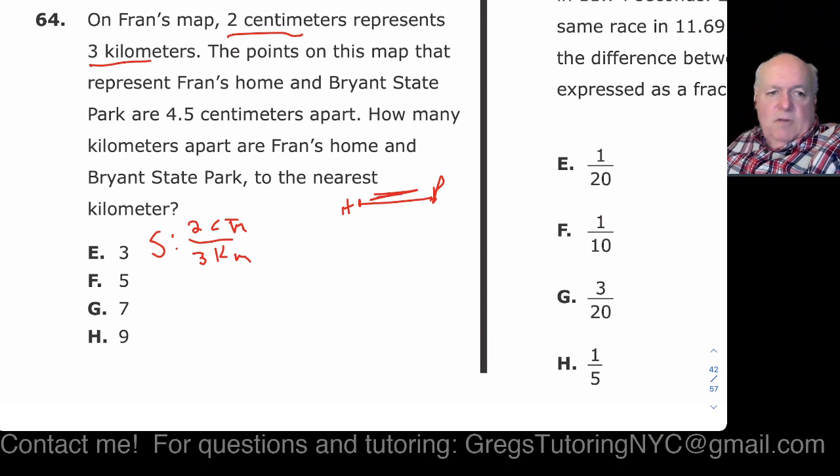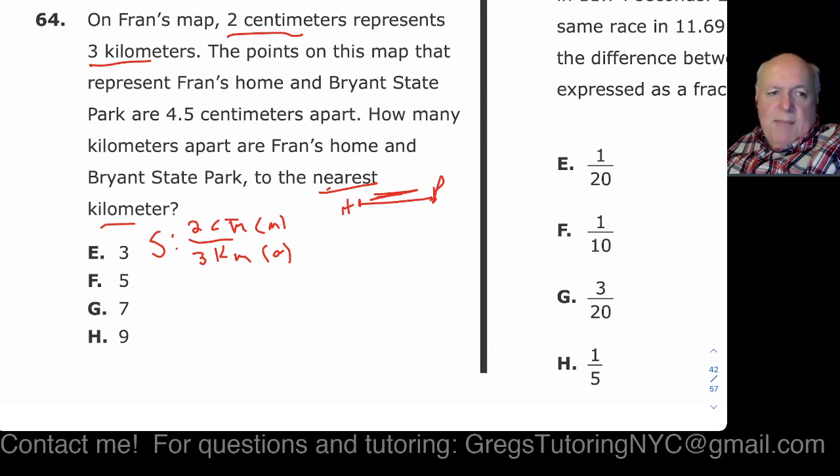They're telling us on the map, it's 4.5 centimeters. So basically, our scale really is going to be the map to the actual. What we need to know is how many kilometers apart is the home from the park, to the nearest kilometer. So once we get our answer, we need to do some rounding up or down depending on what the story is.